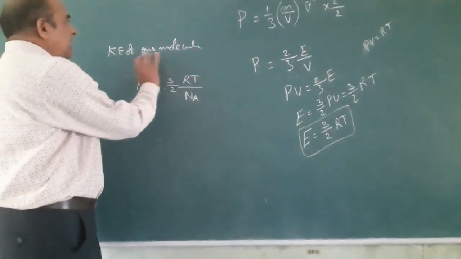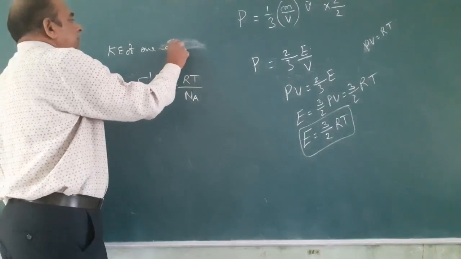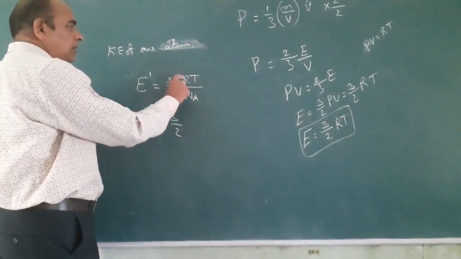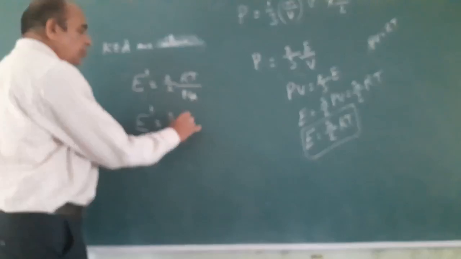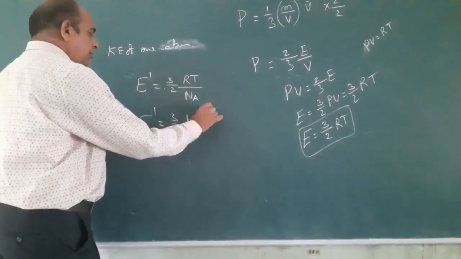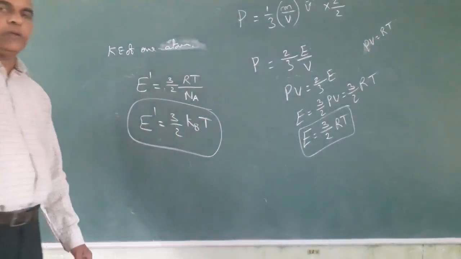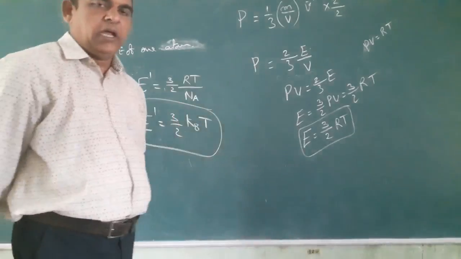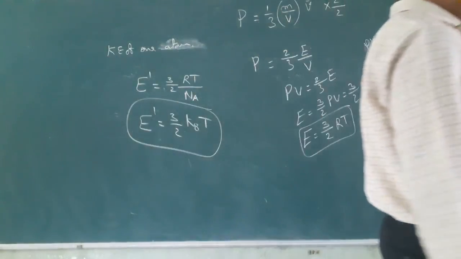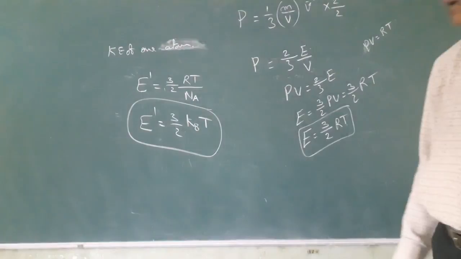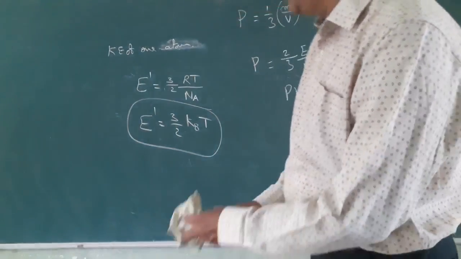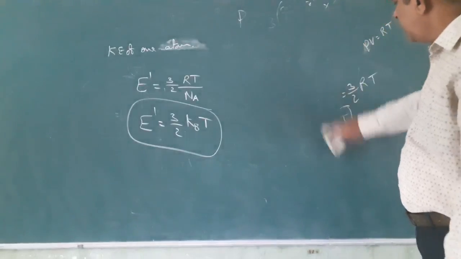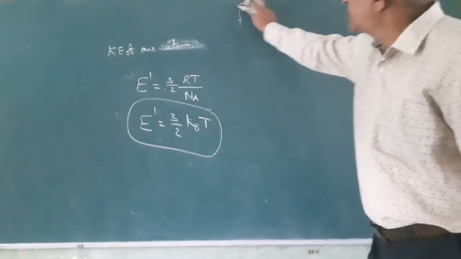So the kinetic energy of an atom is equal to 3 by 2 into capital R by Avogadro number, which is called Boltzmann's constant, into T. So 3 by 2 kT. The kinetic energy of one gas molecule is 3 by 2 kB T. kB is called Boltzmann's constant, capital R by Avogadro number.